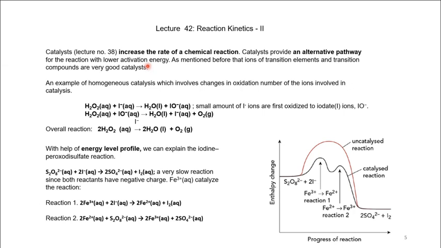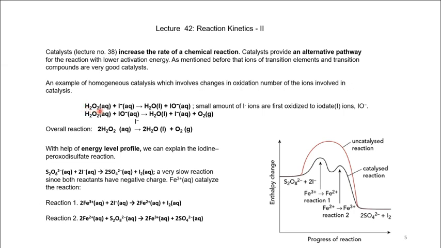We also discussed in lecture number 38 that transition metal ions or their compounds are very good catalysts. Not only transition metal ions, there are other elements which could also be used as catalysts. And we said that we have homogeneous catalysts and also heterogeneous catalysts. We will take some examples of homogeneous catalysts.